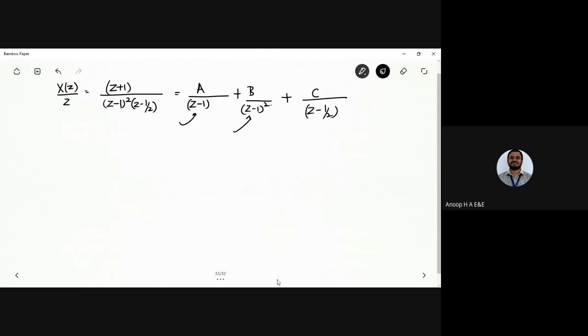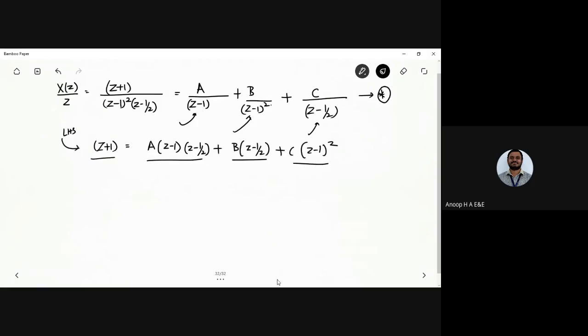So now I have Z plus 1 equal to A into Z minus 1 into Z minus 1 by 2, plus B into Z minus 1 by 2, plus C into Z minus 1 the whole square.